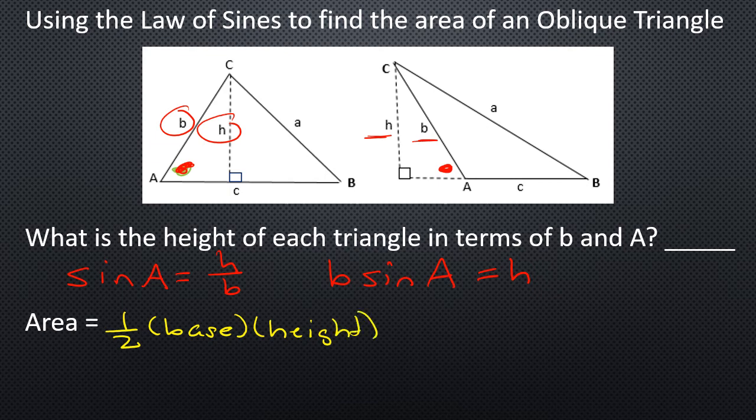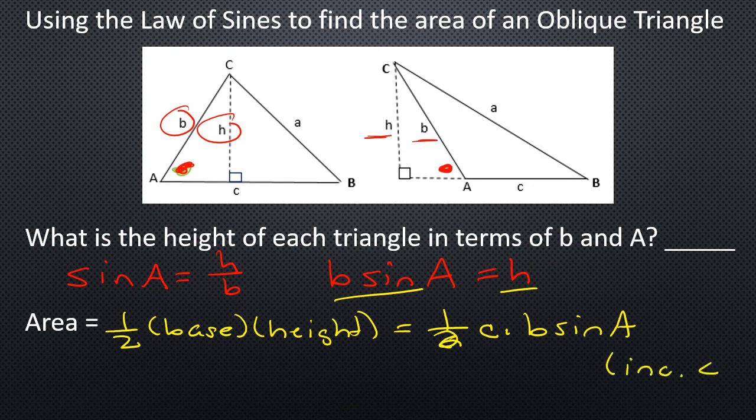If I look at this particular picture, my base is C, so I have 1/2 of C. I know my height is B sine A because I pulled it from right here. So this is really my area formula in terms of angle A and my two sides C and B. So the area of an oblique triangle is 1/2 C times B times the sine of angle A, as long as angle A is the included angle.